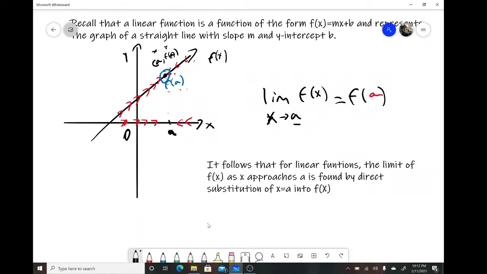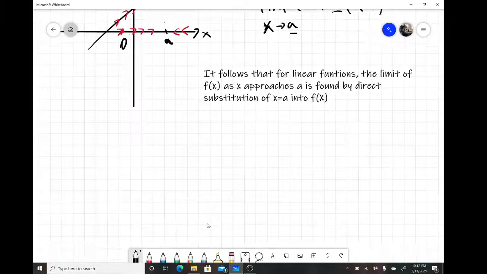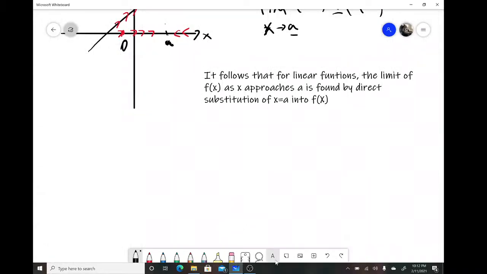And this leads to the following theorem, which I will not be proving in this class. Because we're going to have a lot of theorems in this class, I'm going to denote theorem with THM. It's the first two letters of the word and the last one. So if you see me write THM, that just stands for theorem.